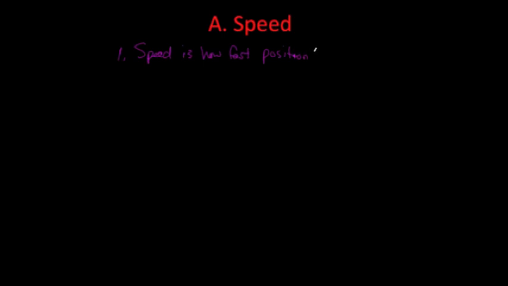Your speed will be faster. If you cover the same distance in more time, you'll be going slower. So speed is how fast position changes over time. It could occur at different rates, like I just said.